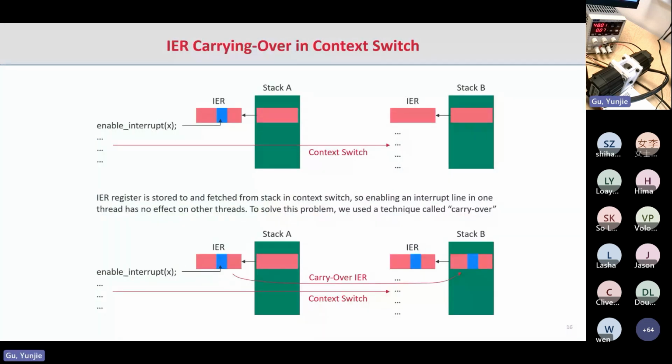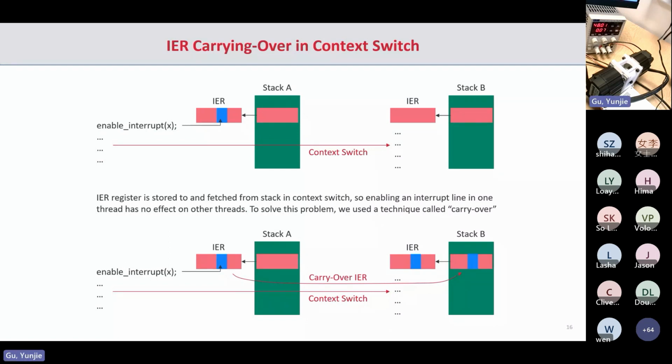And there's another problem which is quite similar to the previous one: the IER register, the interrupt enabling register, is also part of the context, as I explained. When you switch to a different thread, the IER is taken from a different thread, which means if you enable an interrupt in one thread, it's not automatically carried over to the second thread. This is problematic.